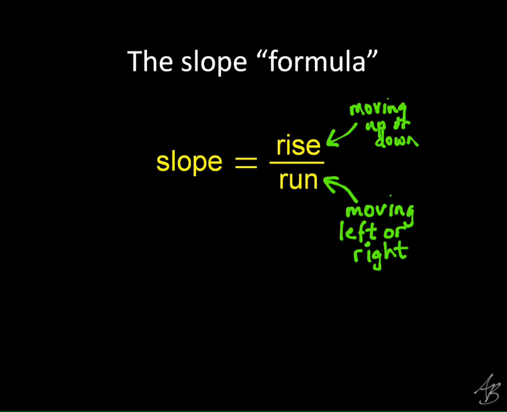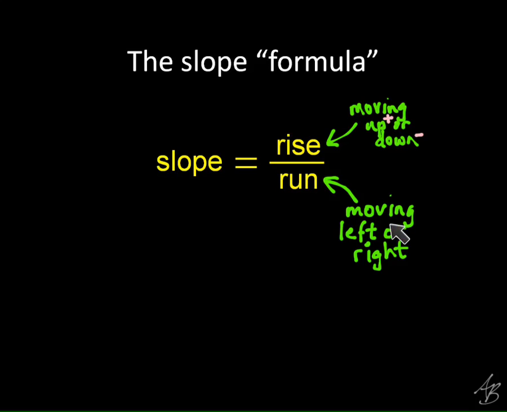There's one other note I want you to put on here with that. Just like on the x-axis and the y-axis, we have a positive direction and a negative direction. So when we're moving up or down, which one do you think is going to be positive? Up. Just like on the y-axis, up is positive. So up is going to be positive, and down is going to be negative.